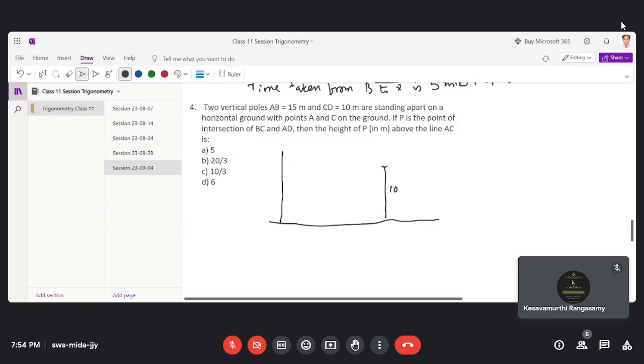This is 10 meters. A and C on the ground. Okay. P is the point of intersection of BC and AD.